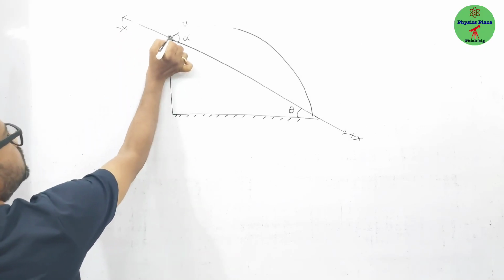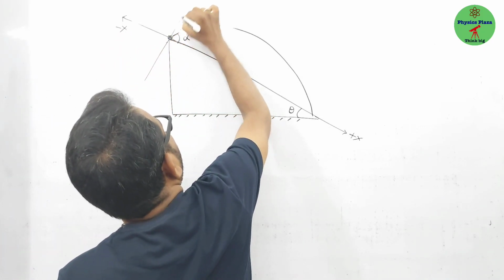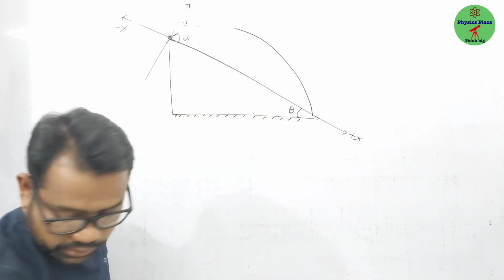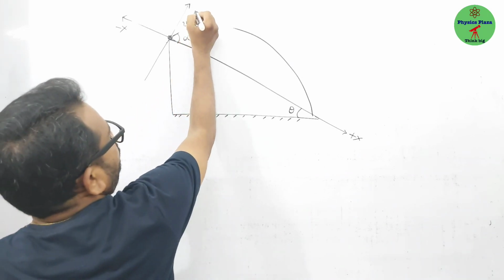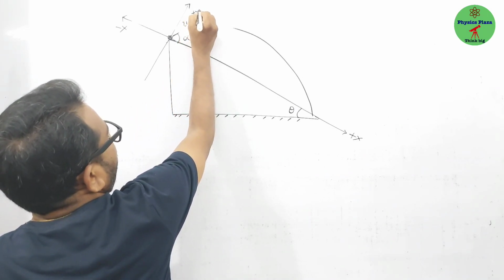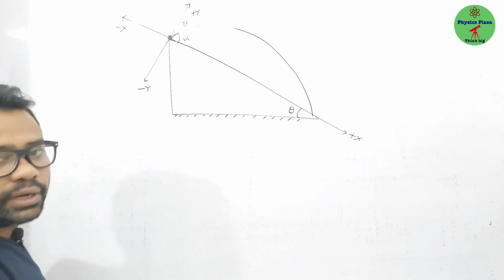What about the y-axis? It is perpendicular to this. Are you able to see? Let me check. Yes, fine. So this is the positive y-axis, whereas this is the negative y-axis. Is the point clear? Fine.